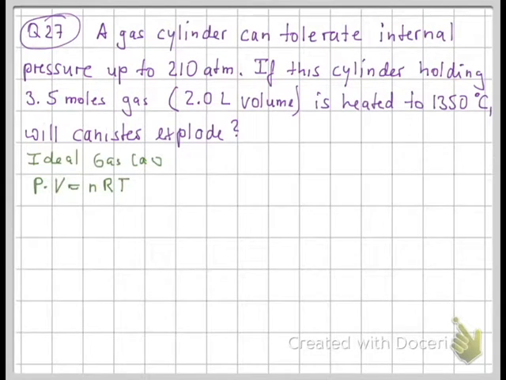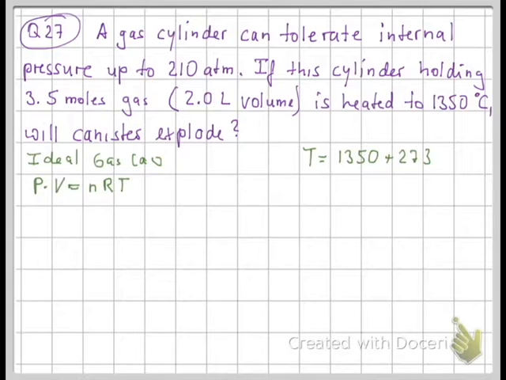So again, temperatures have to be converted to kelvins if they're not given in Kelvin. So the temperature T equals 1,350 plus 273. Little calculator and no twitchy fingers this time, hopefully.